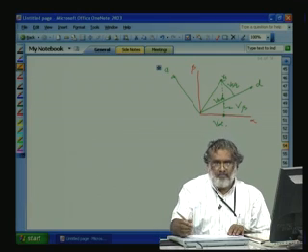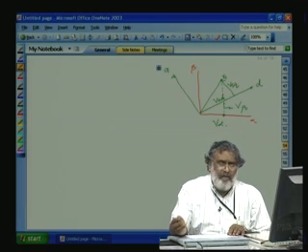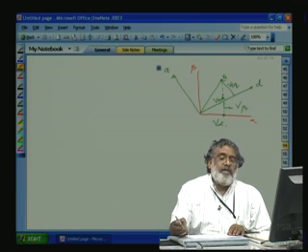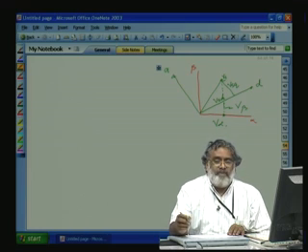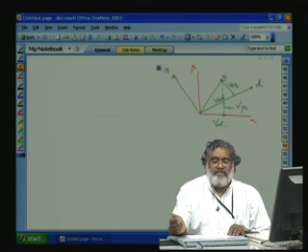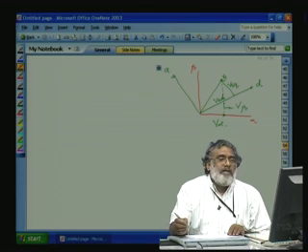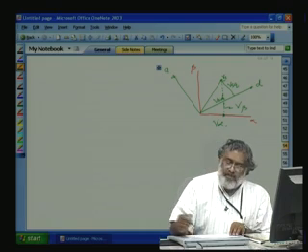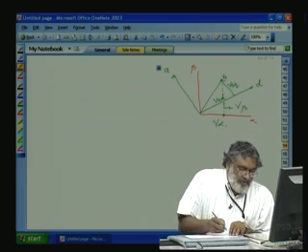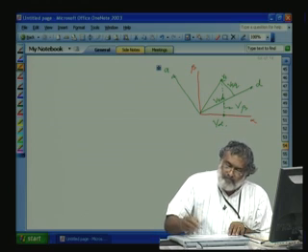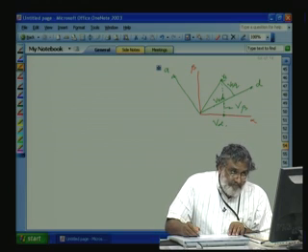So the real and imaginary components are the projection of the voltage space phasor to the corresponding reference frame axis. Then D gives the real and the Q axis gives the imaginary component. So if you see here, this is rho.